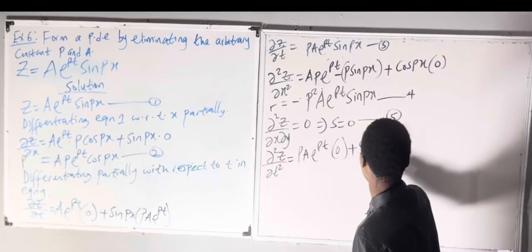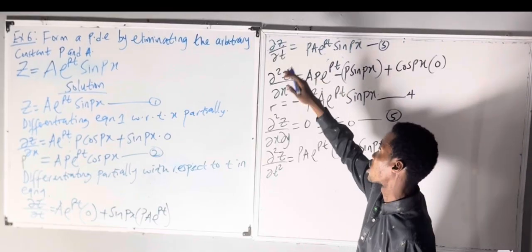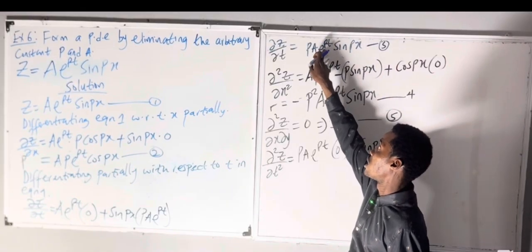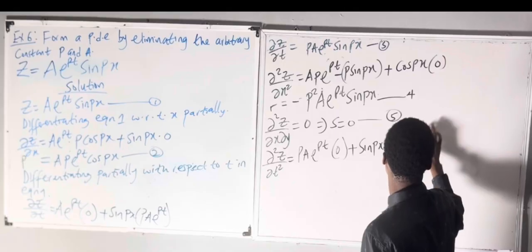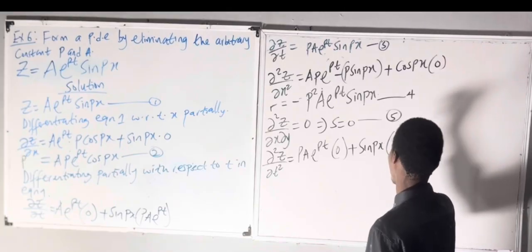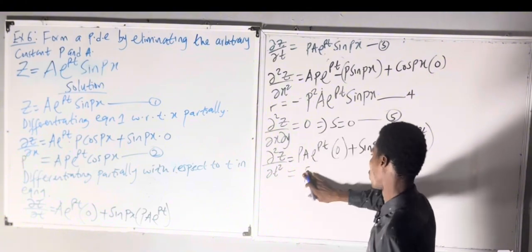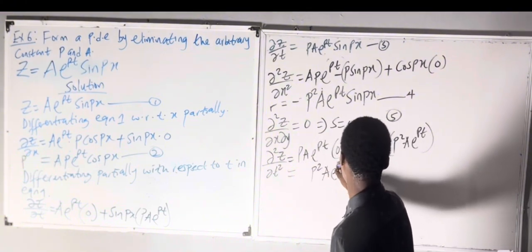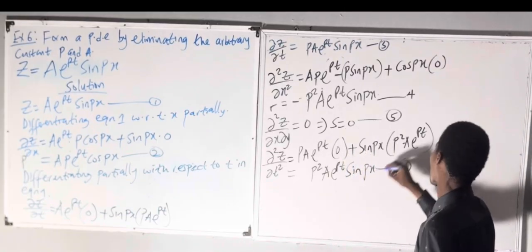If I differentiate the exponential pt, I differentiate pt as 1 times p. That is p times p. That is p square a exponential pt. So I'm going to have p square a exponential pt, then sin ps, equation 6.